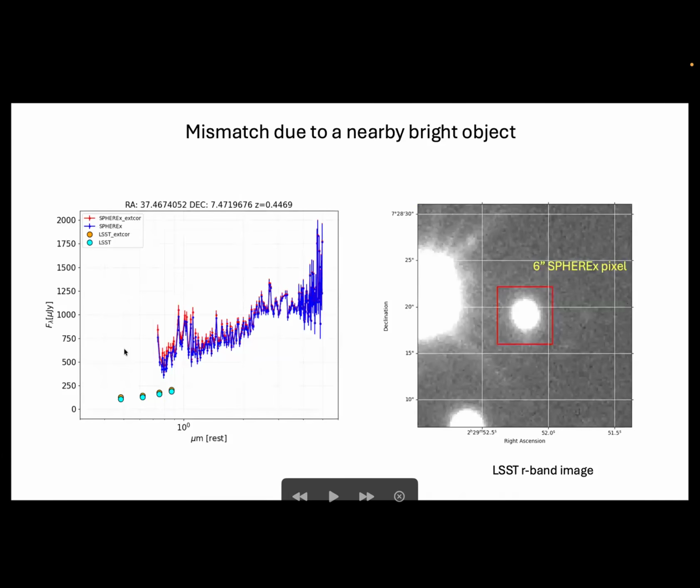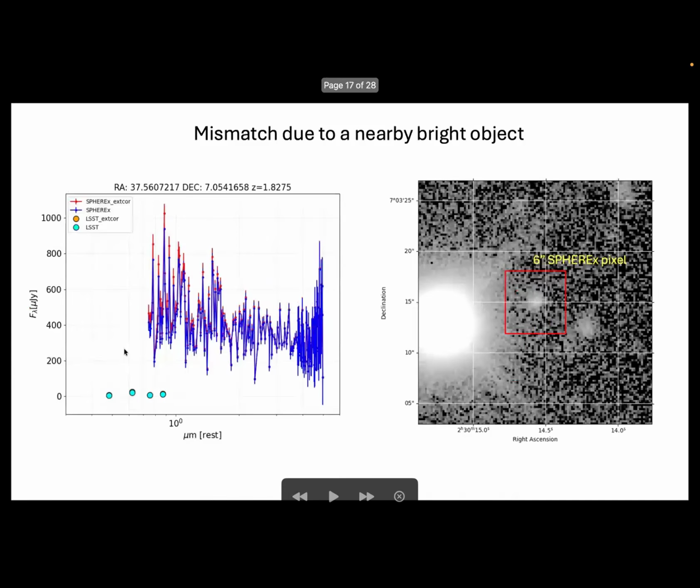But this is a trickier case. There's a continuum mismatch between the SPHEREx and the LSST photometry for this object in the center, which has a very bright nearby object. So the overall spectral feature is still there, but the overall continuum spectrum is off from the LSST photometry. The SPHEREx photometry is really contaminated by the very close nearby sources, while the LSST photometry is fairly robust.